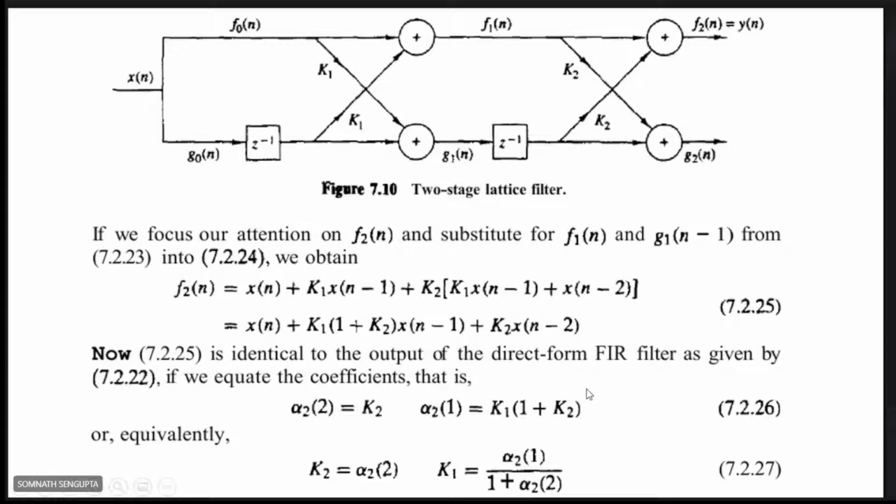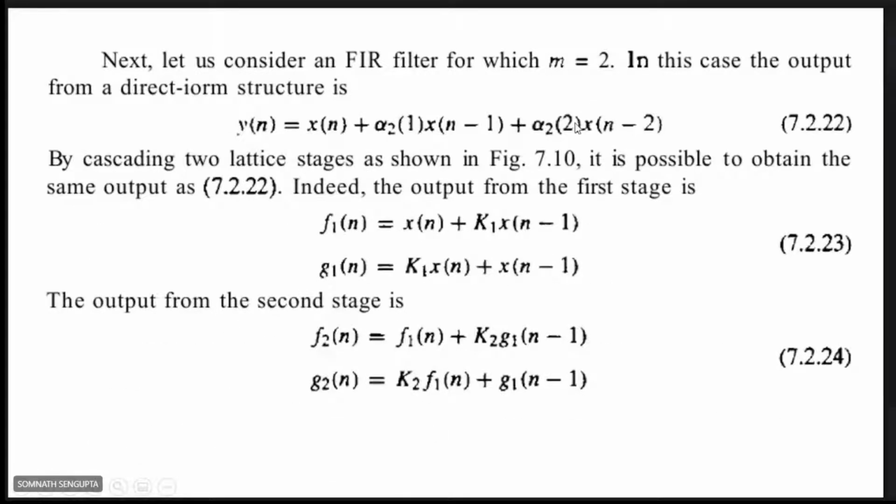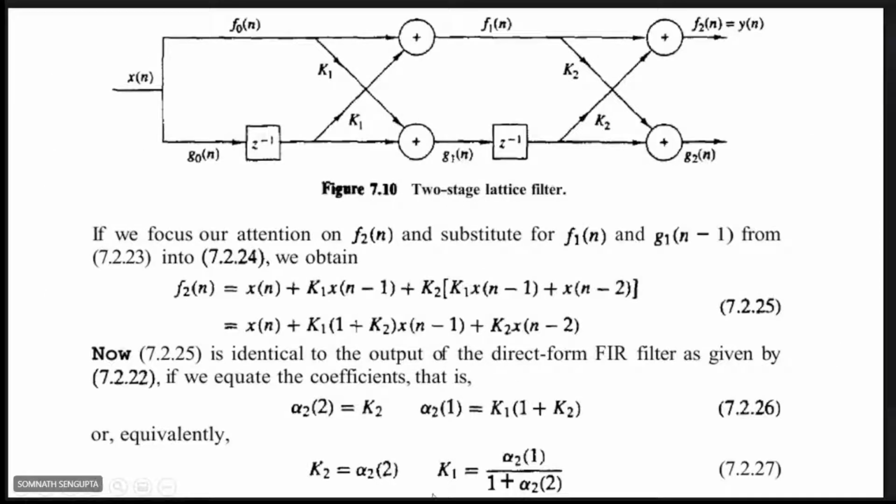So here we get that k2 is equal to what? K2 is equal to alpha 2, okay, and K1 is equal to what?